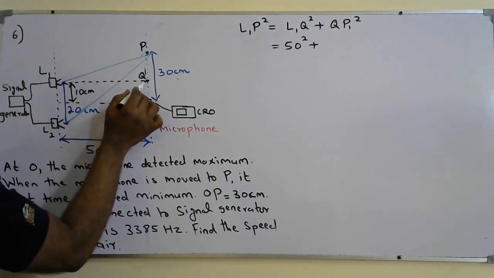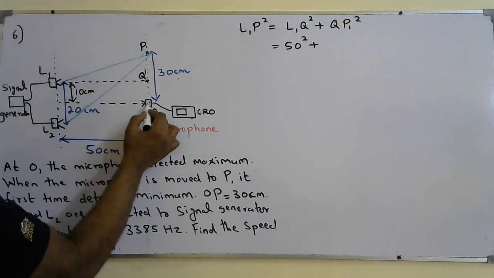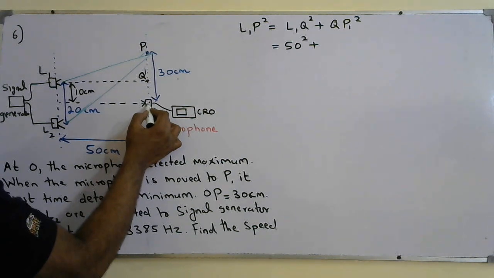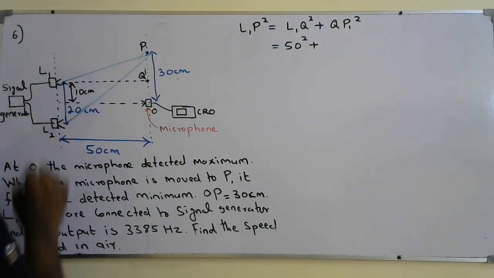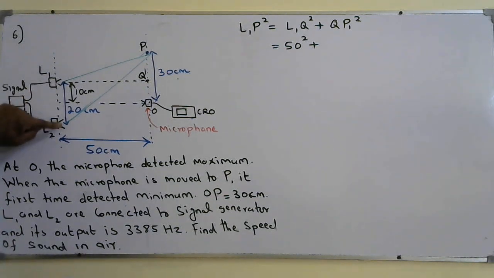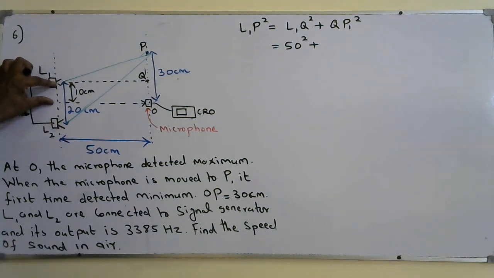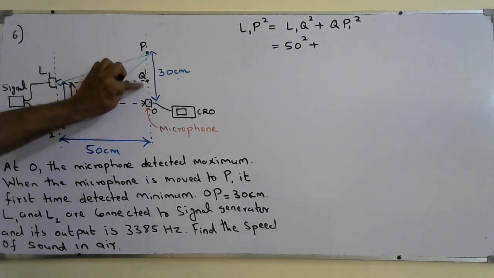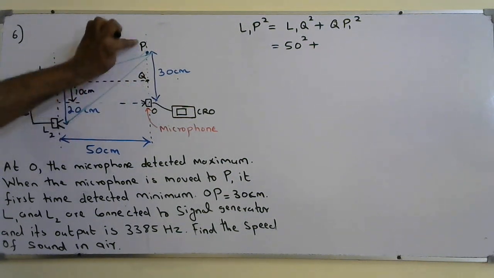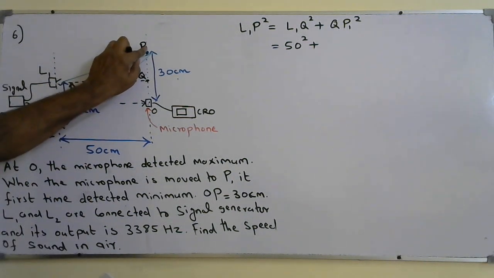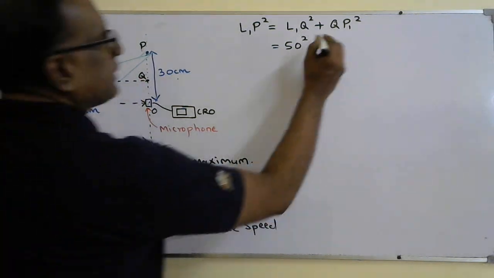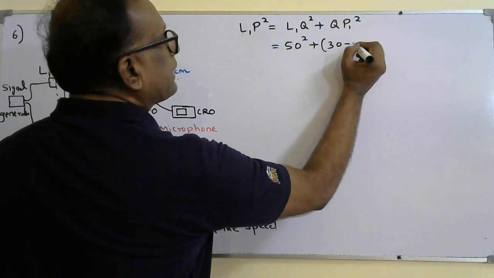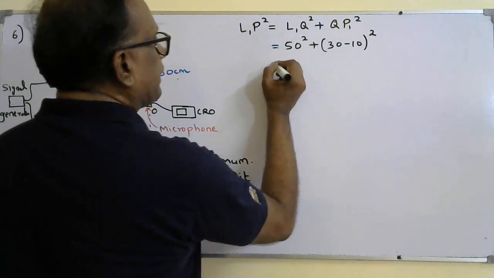From here to here that is 30, and from here to here 10, because half of 20, the distance between the two loudspeakers, is 10 centimeter. So QP is equal to 30 minus 10, 20 centimeter.